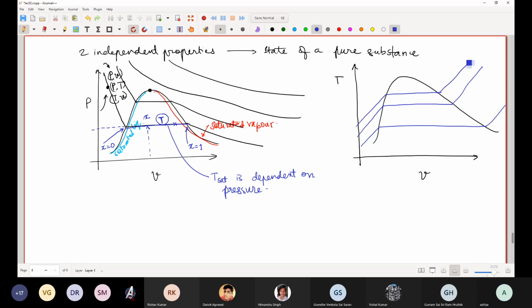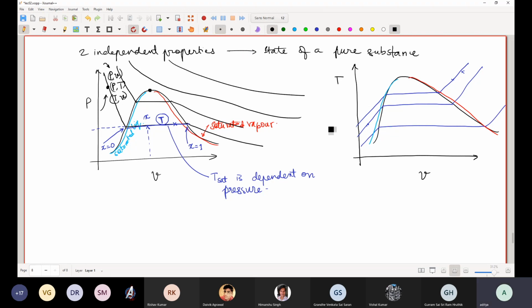Once again, these points are called superheated vapor. This point is subcooled liquid. This boundary is for saturated liquid, this boundary is for saturated vapor. And the same chain of logic holds true here as well.